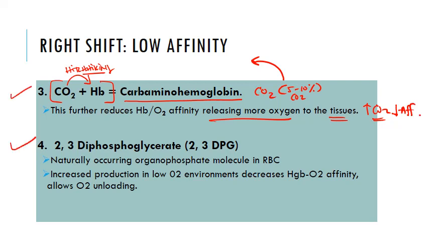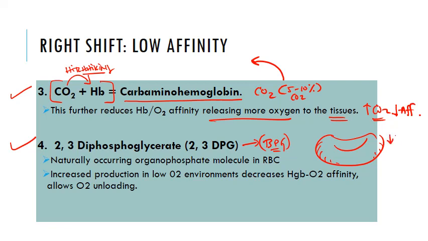Great, that's number 1. Number 2 is 2,3-DPG, diphosphoglycerate, also known as BPG or biphosphoglycerate. Don't be confused, they're the same thing. This is a naturally occurring organophosphate that is found in the RBCs, specifically made during glycolysis.